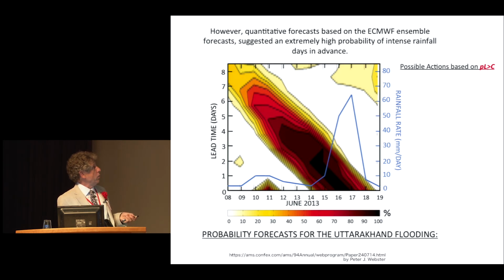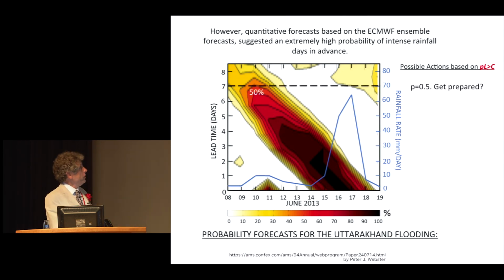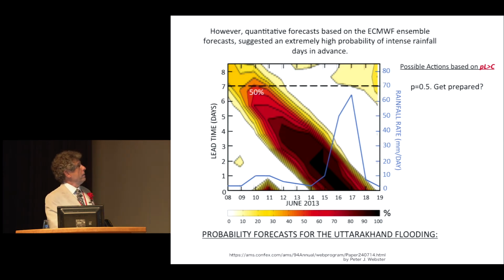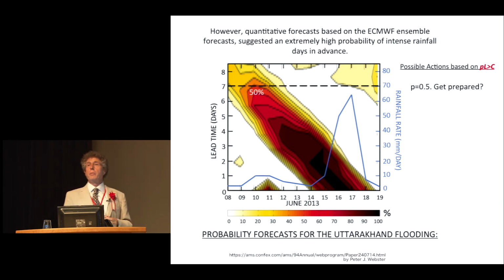So let's imagine how one could use this information based on this formula. Seven days before the event occurred, the ensemble was predicting about 50% probability. This is a large enough number that maybe if you were in charge of the emergency response, you would want to at least get prepared for a possible disaster, even though you may not yet deploy your resources.